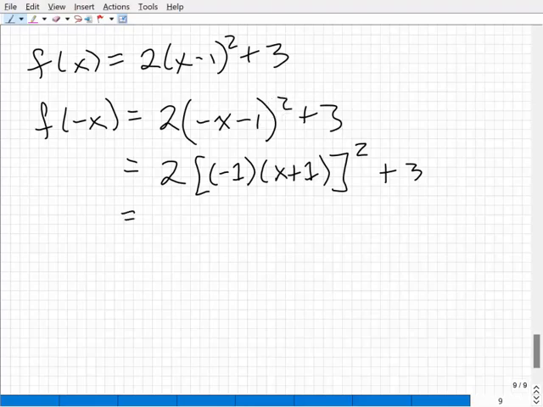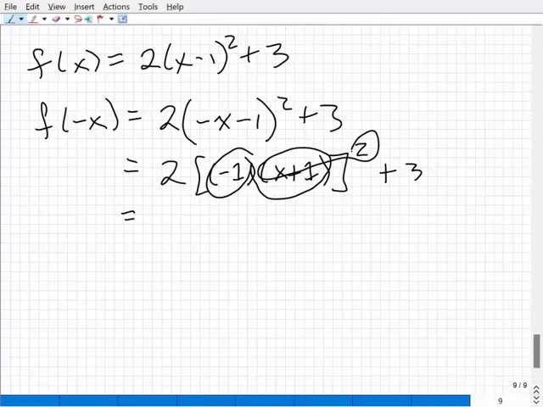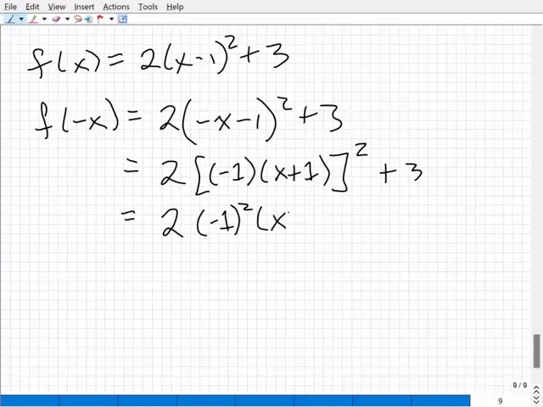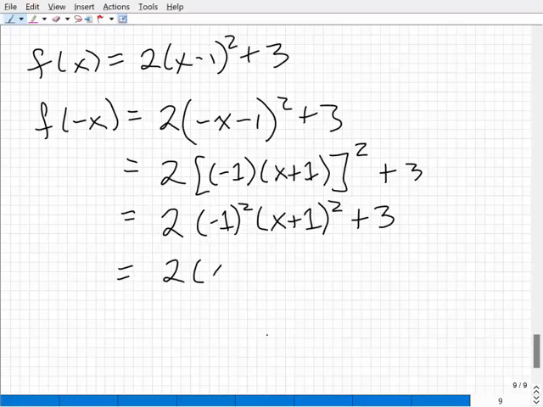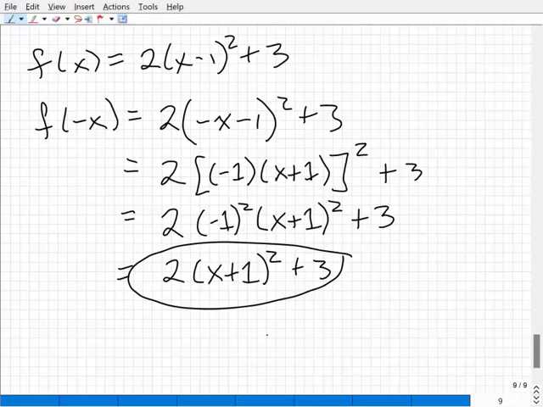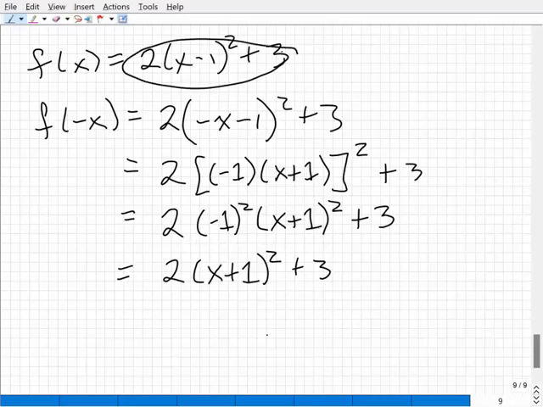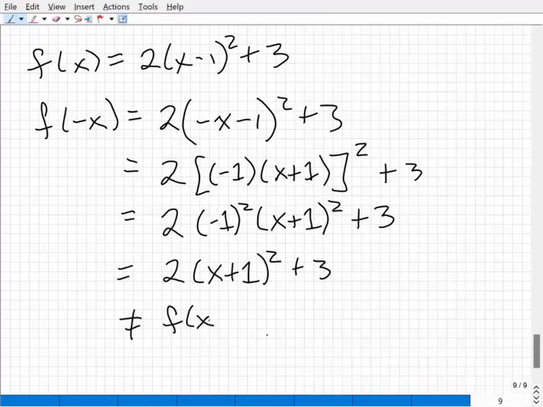Okay, well, if I have a number times a number squared, it's the same as squaring both of those. Okay, and a minus squared cancels itself out. Now, this is in standard form. Comparing it to this in standard form, I could see that this is not f of x, because this one had a minus, this one had a plus.